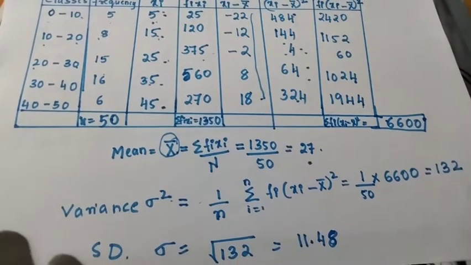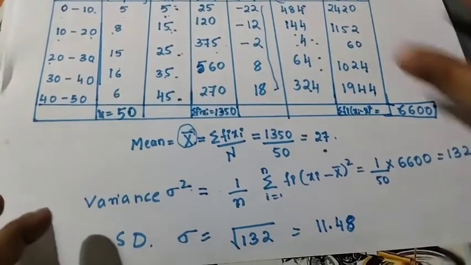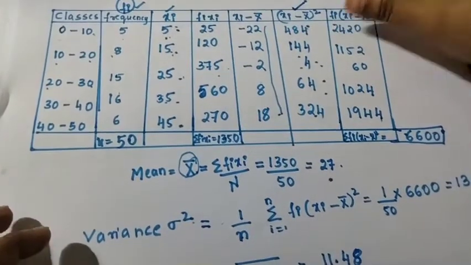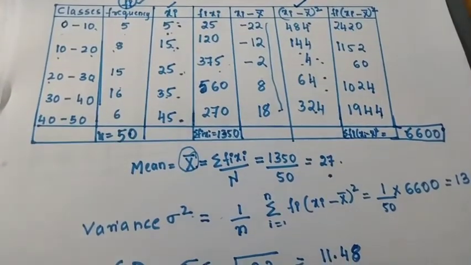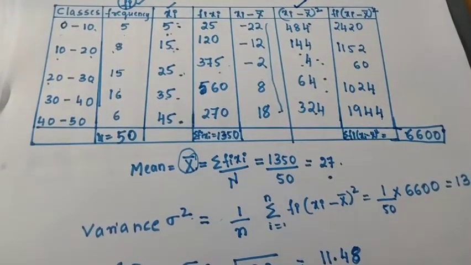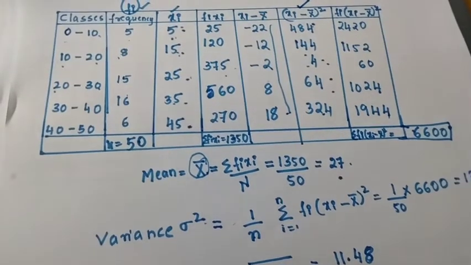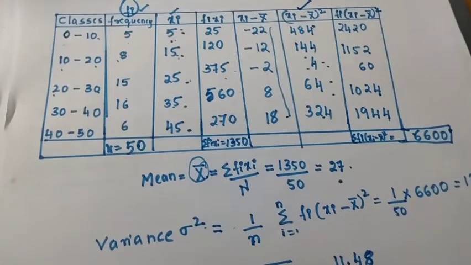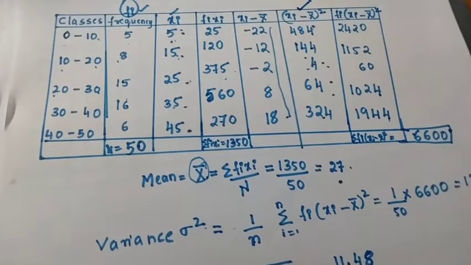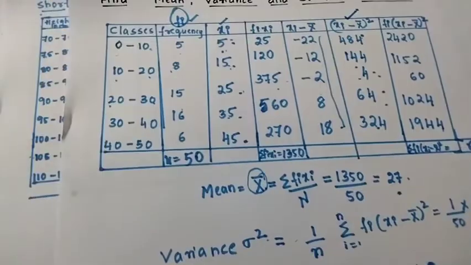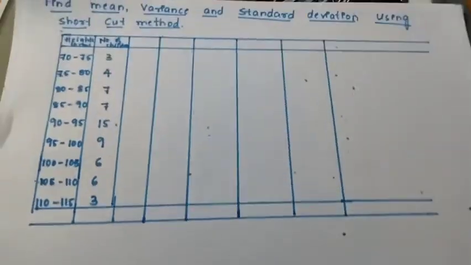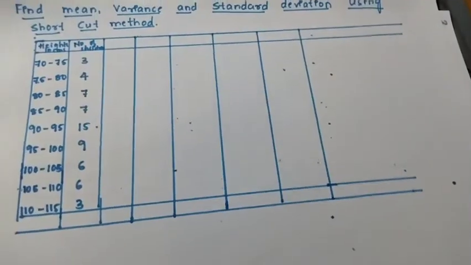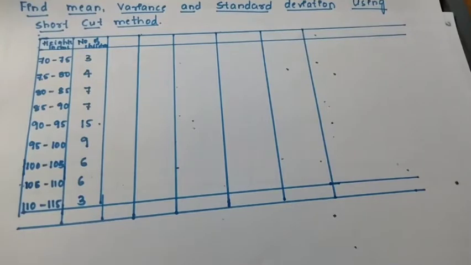I hope that this example is clear. Next we shall solve the same problem, find mean, variance and standard deviation, but by using the shortcut method. There is one more method known as the shortcut method. I have taken one more example here: find mean, variance and standard deviation using the shortcut method.